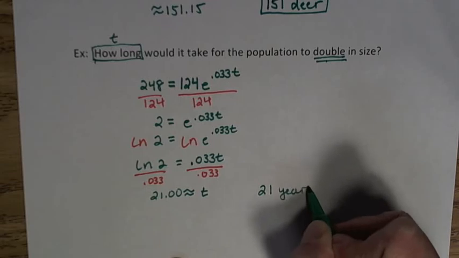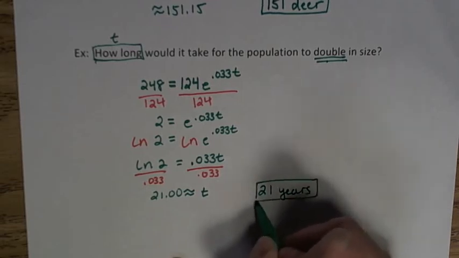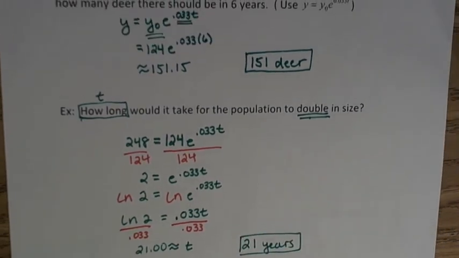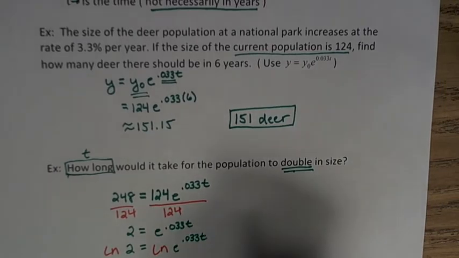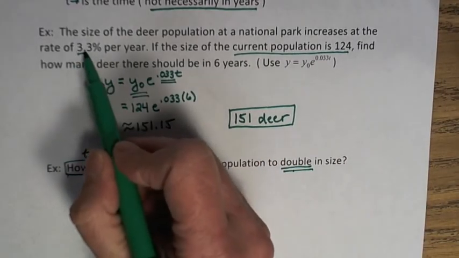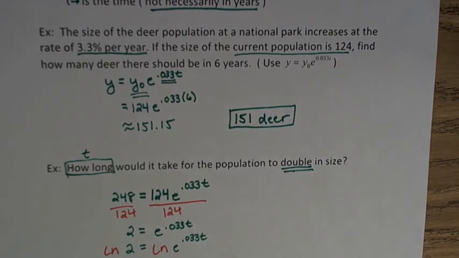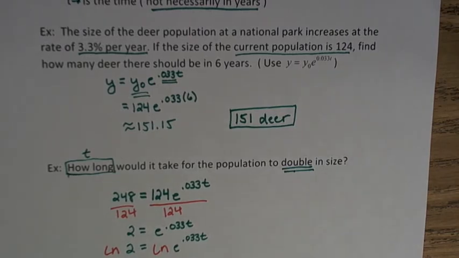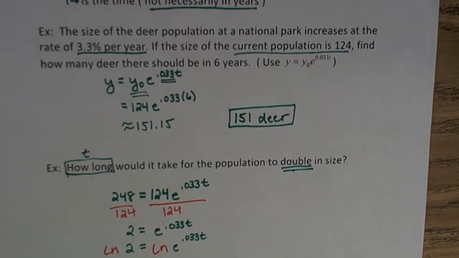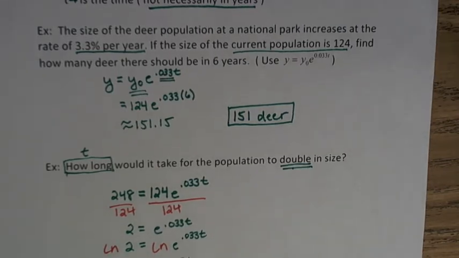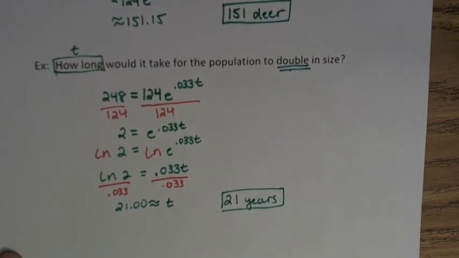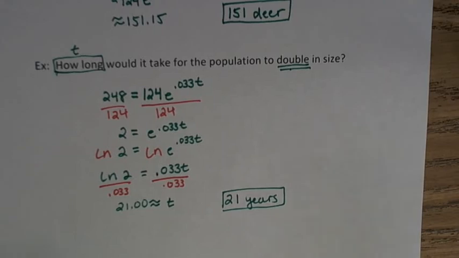How do I know it is in years? Well, let's go up to the original problem for a second. The growth rate was given in terms of years, and so that's how I know what my label should be. So if it had said 3.3% per month, then my label would have been months, and I would have been a little bit worried about my deer population that was happening here.